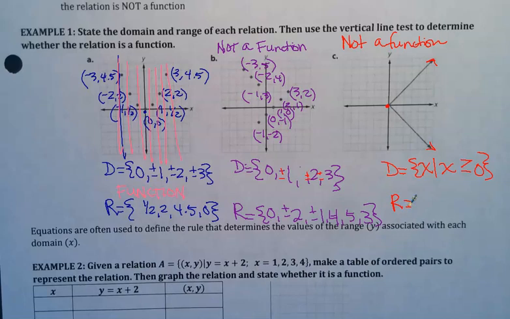Your y values. Where do your y values stop and start? Nowhere. Good. So what's your range? It has a range. What was it? All real numbers is correct. So your range is all real numbers.